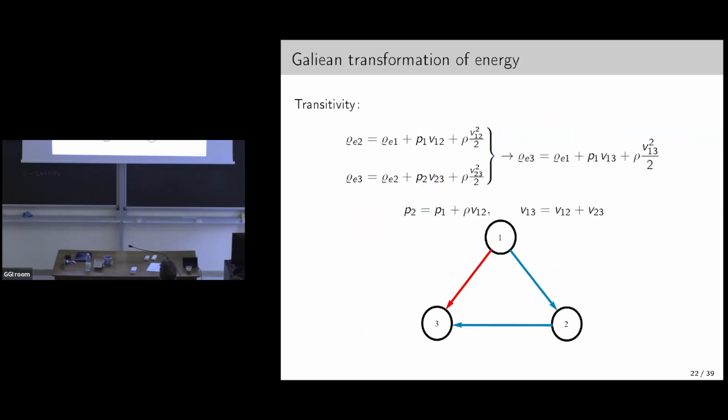By the way, the Galilean transformation of energy will be transitive, so different observers, looking at a third one, it is not like the relativistic case, which is not transitive.